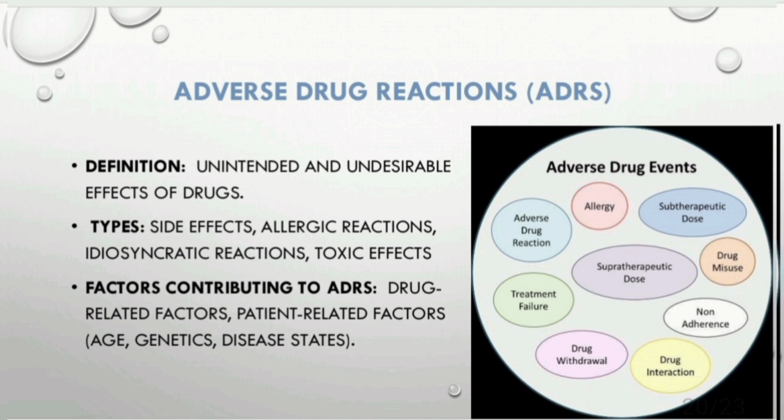Then adverse drug reactions. Definition: it is the unintended and undesirable effect of drugs. There are certain types of adverse drug reactions, that are side effects, allergic reactions, idiosyncratic reactions and toxic effects. Then there are certain factors contributing to adverse drug reactions: drug related factors and patient related factors.